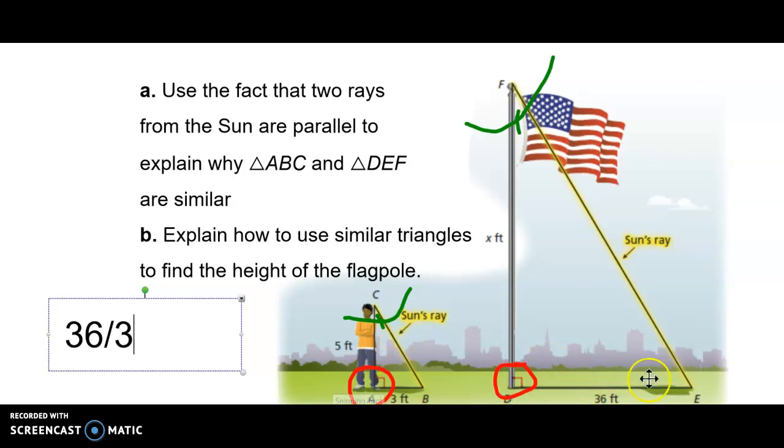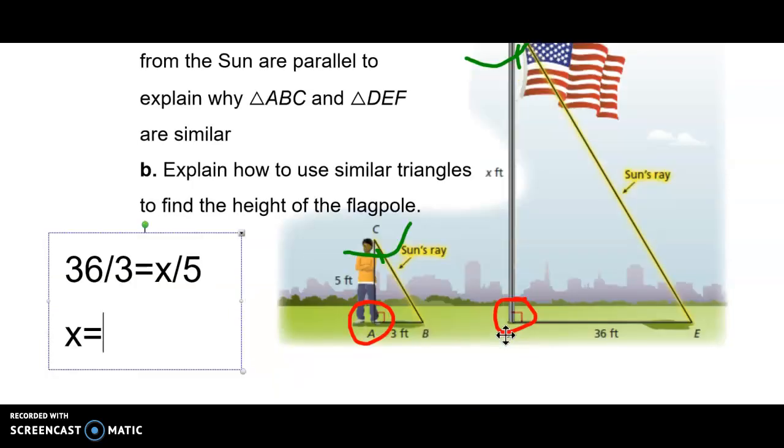I'm making a ratio of the length of this shadow to the length of this shadow. It has to be equal to the height of the flagpole as a ratio to the height of this boy. They're similar triangles. I've proven that by my fact that there are two angle pairs. So then I can go ahead and use that to solve it. And if you went about solving this with a calculator or your skills, you would find that that flagpole is 60 feet tall.